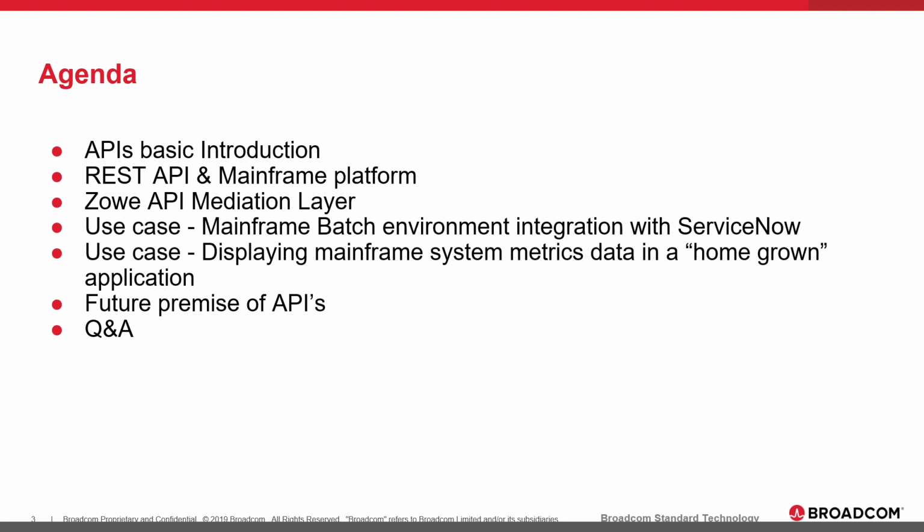So these three topics are about setting the stage for the use cases we're going to be talking about with Cartier. Then those use cases, and then we're going to finalize with the future premise of the API. So what is ahead of us, what maybe you would be able to do, or want to do with this content.